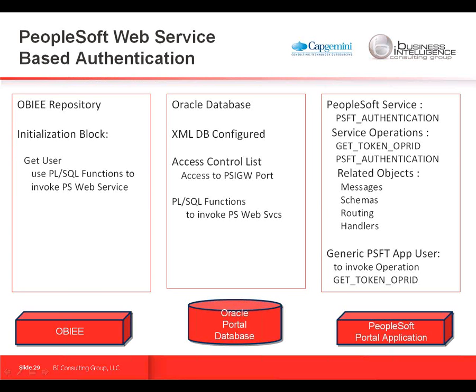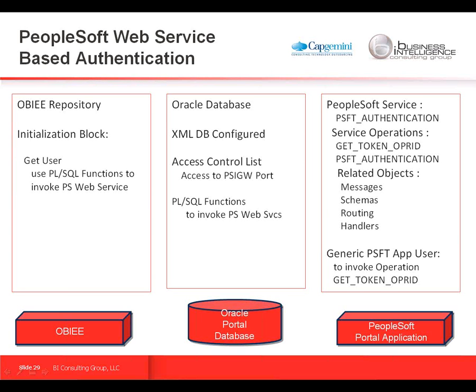We also had to create a generic PeopleSoft user because our service operation for the get token operator ID actually required a valid PeopleSoft username and password to come along with that. So that was a PeopleSoft username and password that we had to store in our PL/SQL function, just a basic security on that web service.